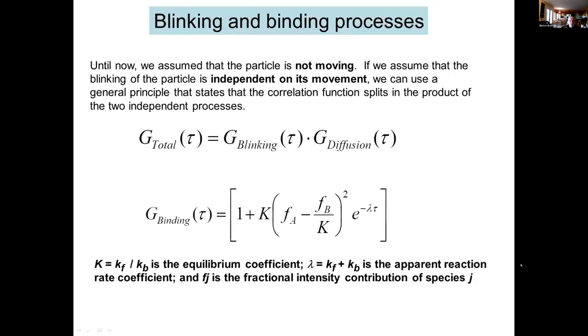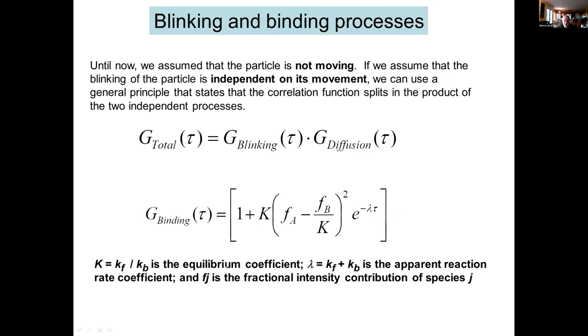Okay, so now we use a very general property of the correlation function that says if the correlation function is due to 2 processes and the 2 processes are independent, then the total correlation function is the product of the 2 correlation functions. So we know the diffusion, we know the blinking, or binding, which is the same, and then we get an expression for the diffusion, which we already showed you, and the expression for binding, which is written here.